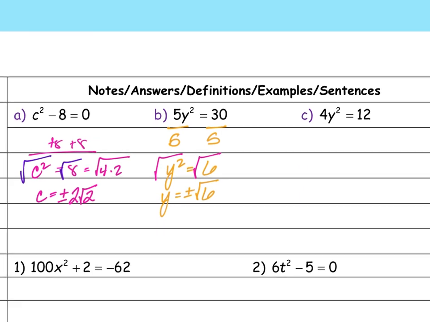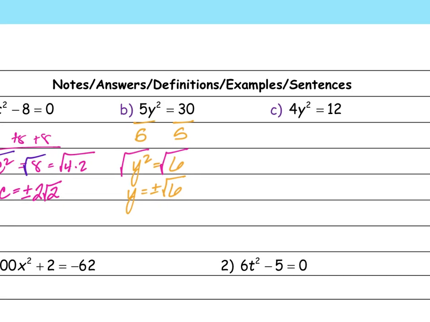And then on C, I'm going to divide by 4 again, and I get y squared equals 3, right? That's 3. So I get y equals plus or minus root 3.